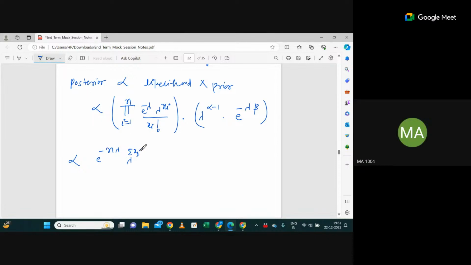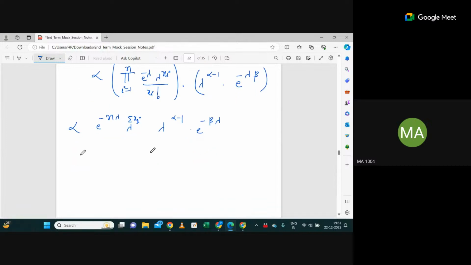Any doubt? Now I have lambda raised to alpha minus 1 into e raised to minus beta lambda. So this is proportional to lambda raised to alpha plus summation of xi minus 1, into e raised to minus (n plus beta) lambda.